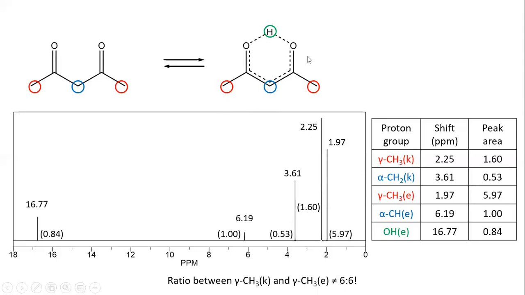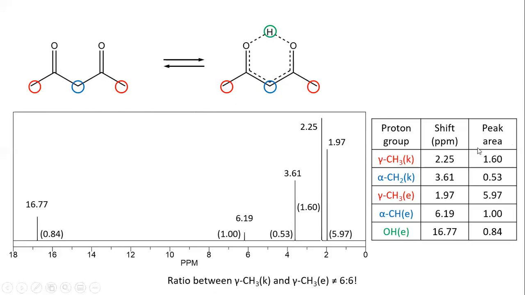So this compound exists in an equilibrium between its two tautomeric forms. Now, if the equilibrium constant is not exactly 1, that means you will have more of one form compared to the other. It could be you have more enol or you have more keto, depending on the value of your K, or the equilibrium constant.